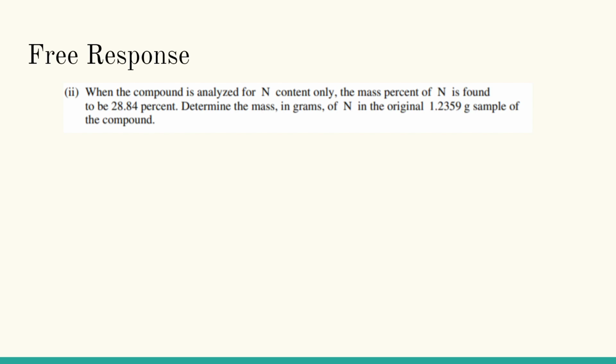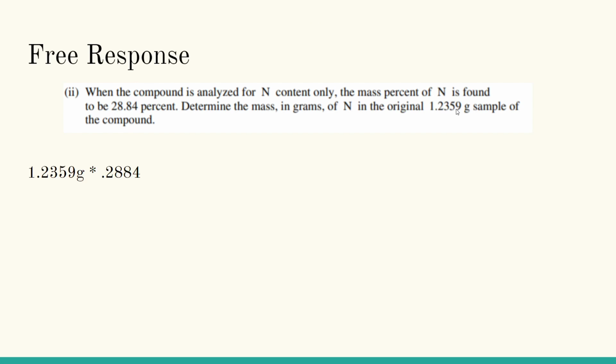Theoretically, we could try some sort of percentage move here, or we could multiply that 28.84% times the amount of mass that was in our initial sample, because this 28.84% came from here.